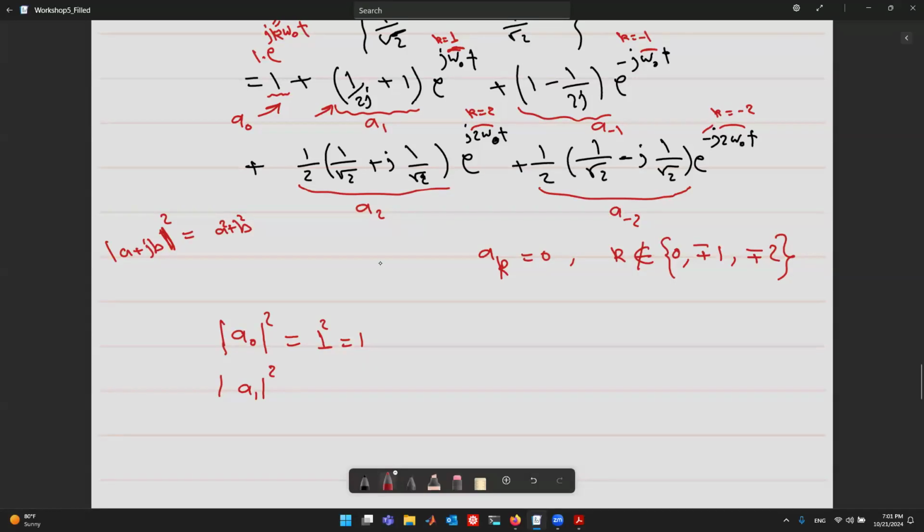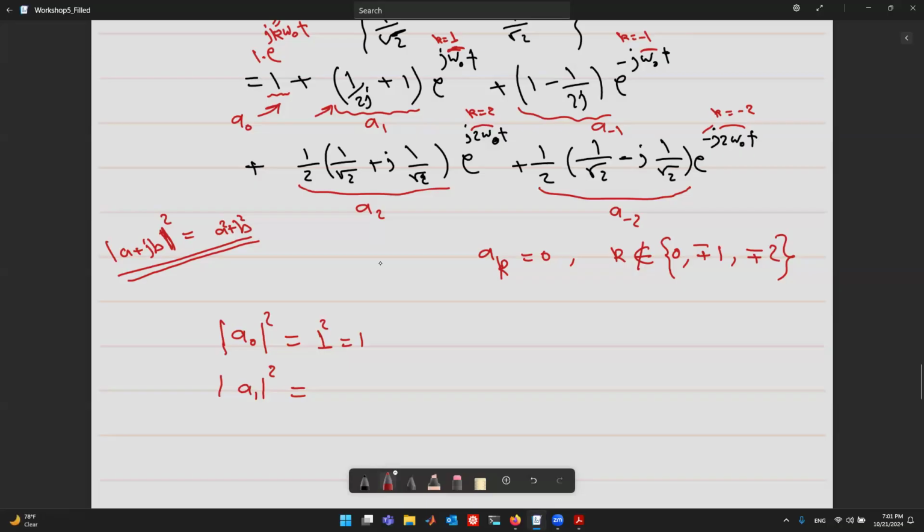It would just be 1 over 2j squared plus 1 squared. Look at this one: without the j, we don't square. We just square the real part plus the square of the imaginary part, without the j.